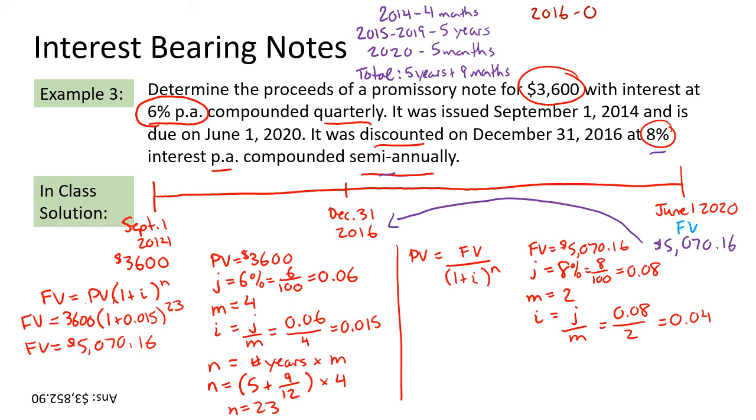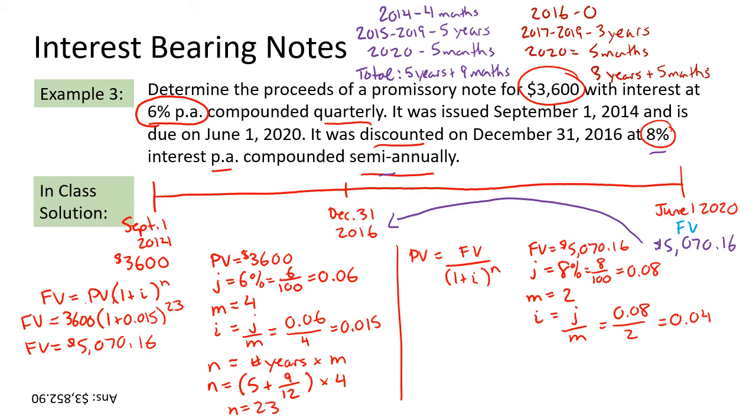Then we have all of 2017, 2018, and 2019, which is 3 years. And then in 2020, just like in the past, we'd have 5 months: January, February, March, April, and May. We don't count June because it's June 1st, 2020. So in 2020, we have 5 months. So our total period here is 3 years and 5 months.